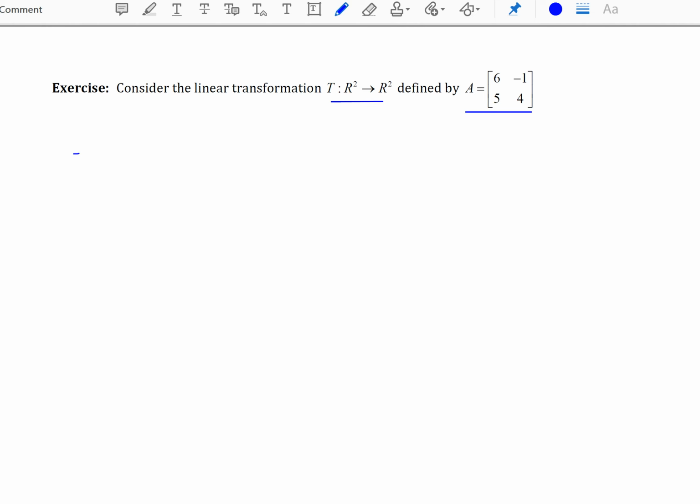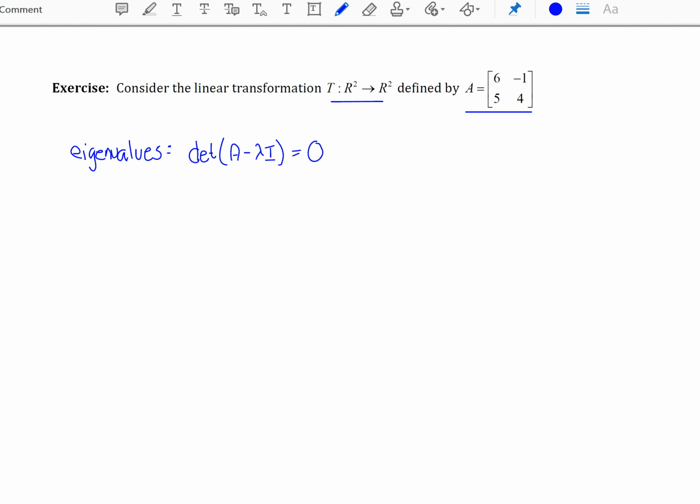Let's first look for our eigenvectors. Sorry, not our eigenvectors, our eigenvalues associated with this transformation. Recall, to find our eigenvalues, we look at the determinant of A minus lambda I, and this equals 0.